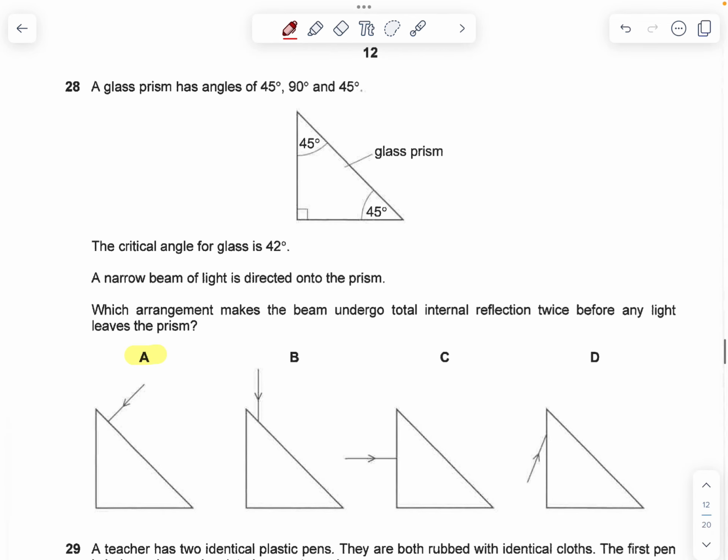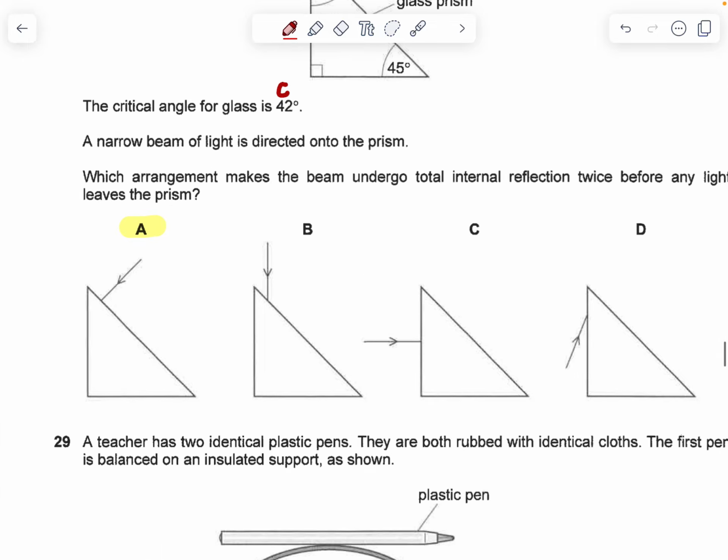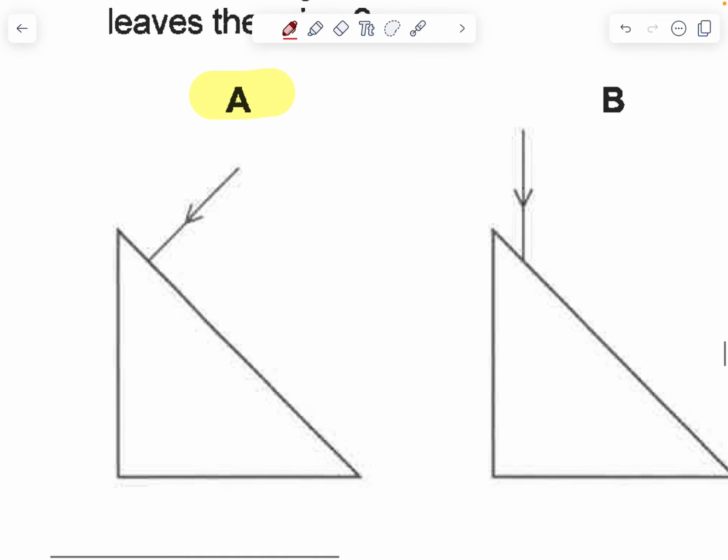Next, question 28. A glass prism has angles of 45 degrees, 90 degrees, and 45 degrees. The critical angle for the glass, C, is 42 degrees. Which arrangement shows that the beam undergoes total internal reflection twice before any light leaves the prism? So here you can use your protractor. You can draw here. The ray goes in here. Draw the normal.